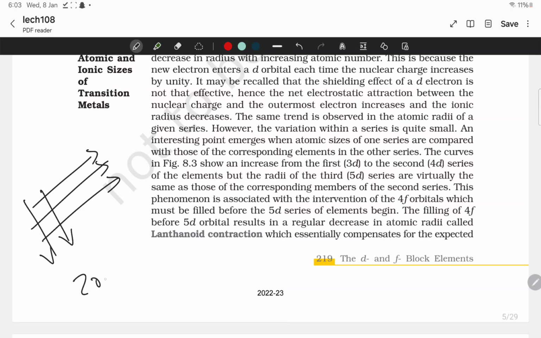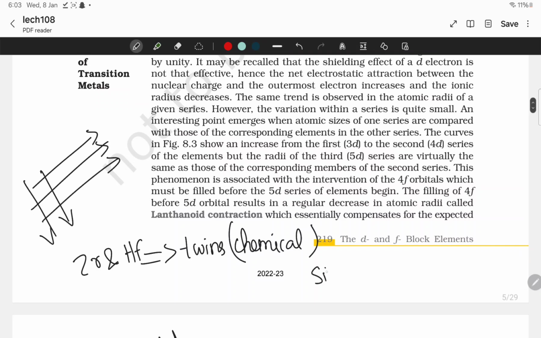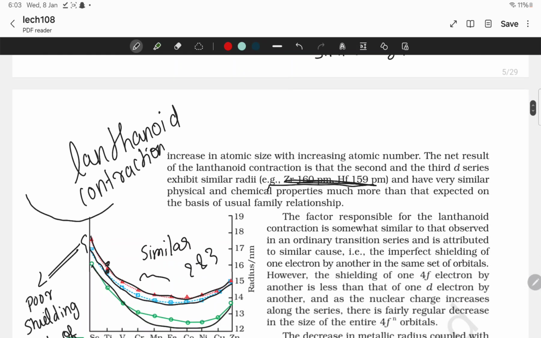But the problem is that zirconium and hafnium are very twins. They are chemical twins, because they have similar size. They have mostly the same physical and chemical properties. They are called chemical twins. This is due to the poor shielding effect of the d block and lanthanoid contraction.